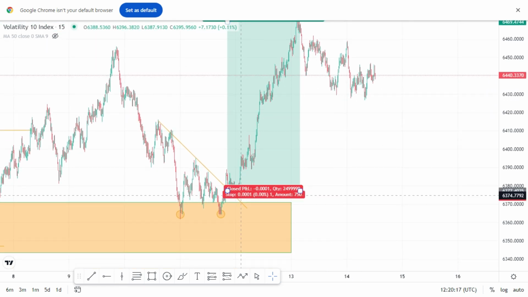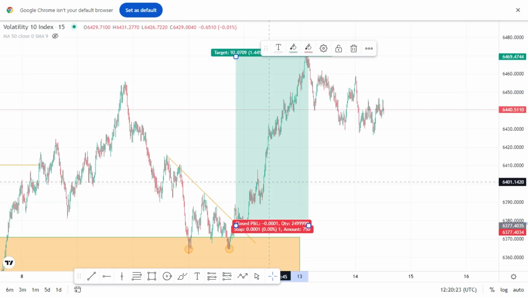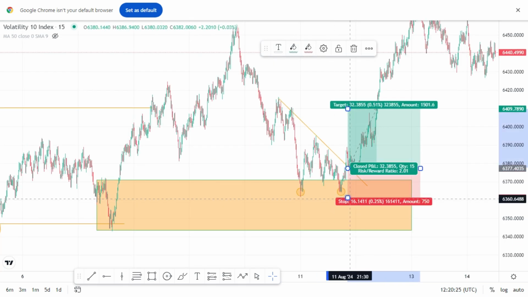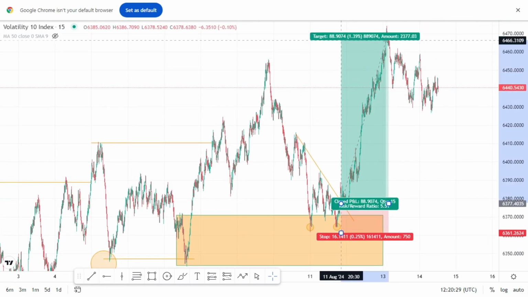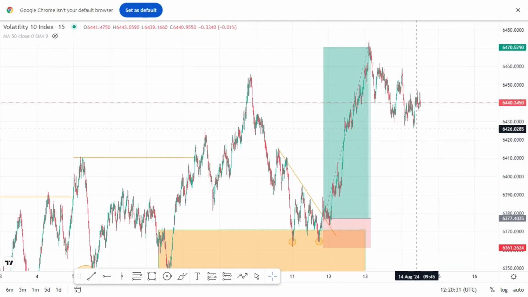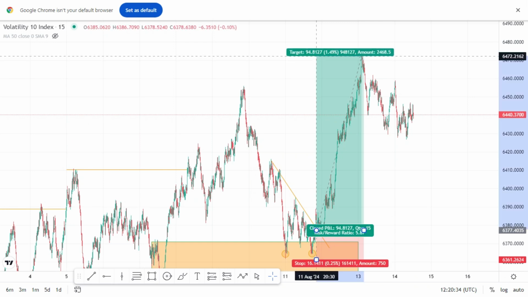I think this should be 1:2. Let me confirm. I've already removed my, okay, so let me check how many before. This is about 1:6 risk reward right here, the move.